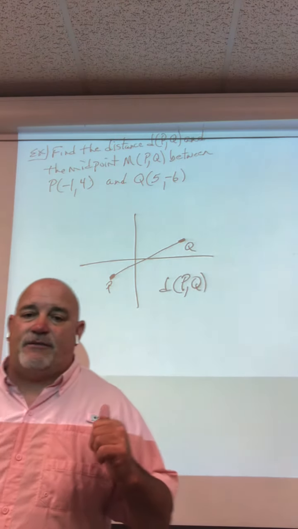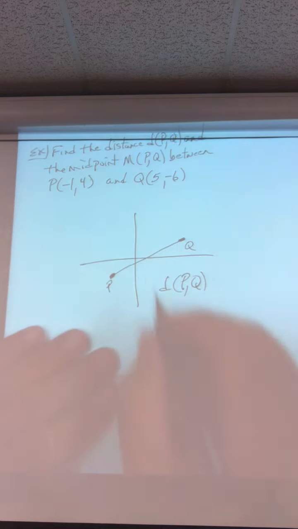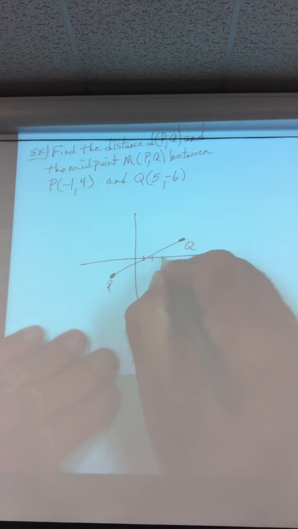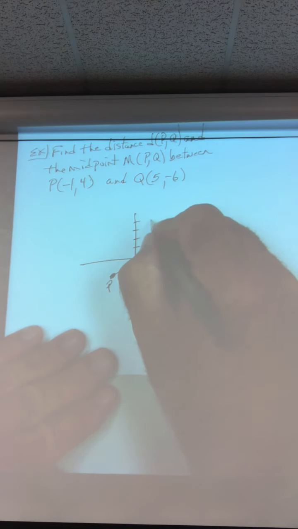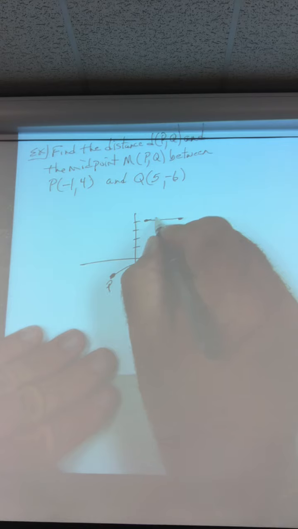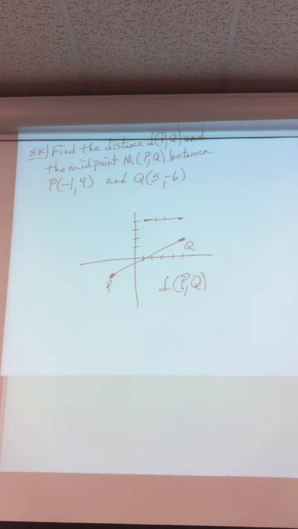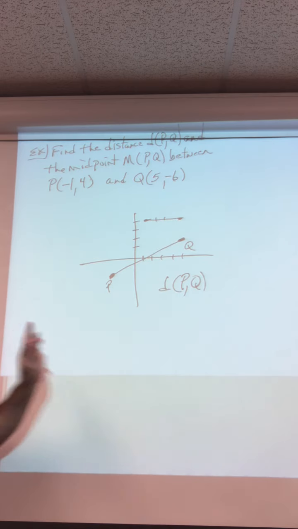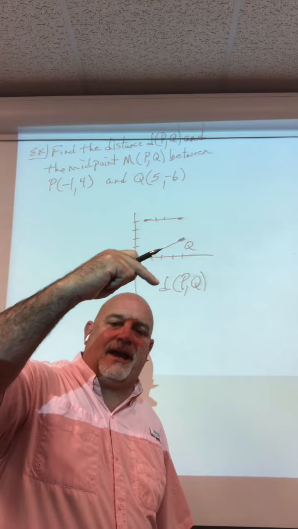Now, here's the reason you have to have this formula. If the 2 points are straight across from each other, we can count left and right, and we can count up and down. So all you have to do is count the spaces. The problem is, in the XY plane, we can count left and right, and we can count up and down, but we can't count diagonally.